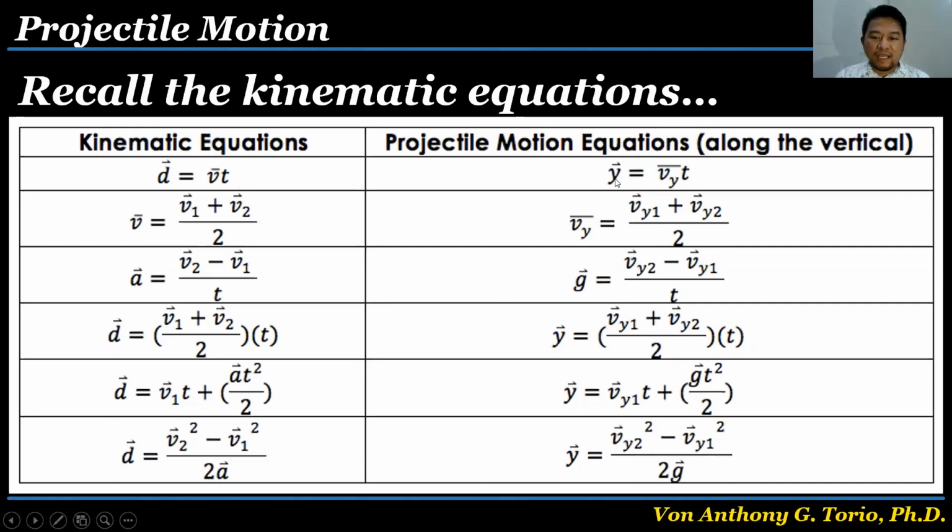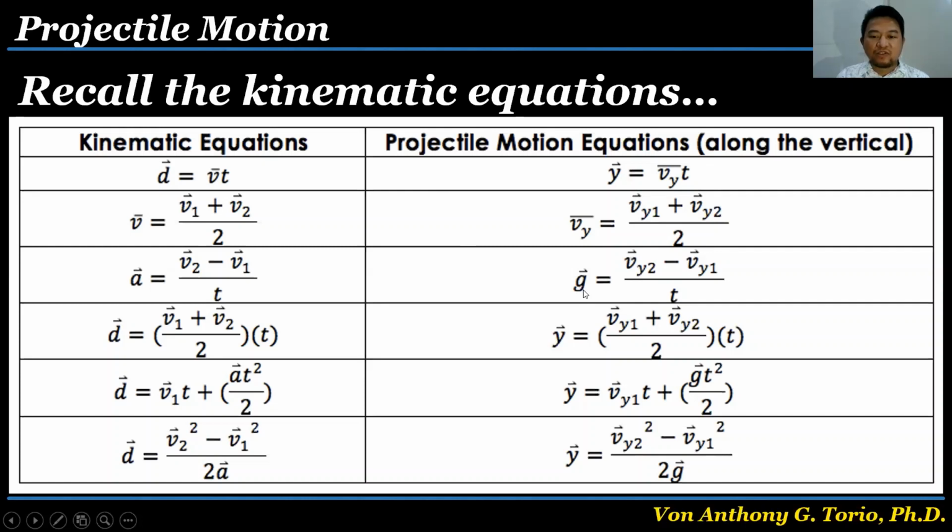Or if it's the x component that we are to consider, that's x equals v_x t, which is more appropriate in our calculation. And notice the most significant change that we consider with our kinematic equations would be with the acceleration symbol. The symbol for acceleration due to gravity is g.